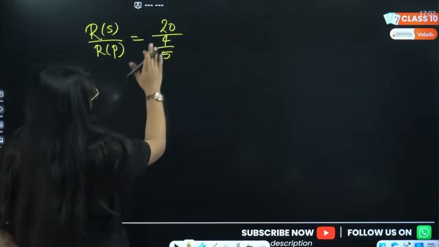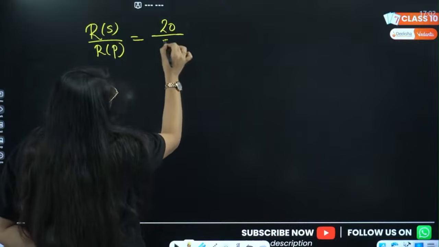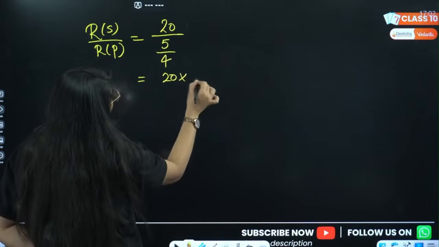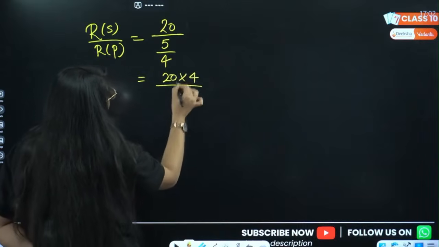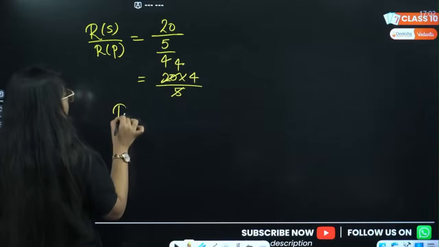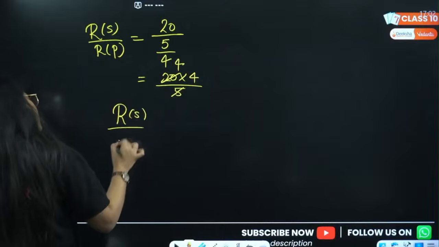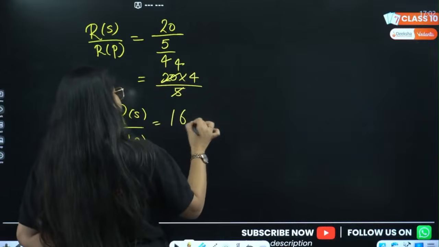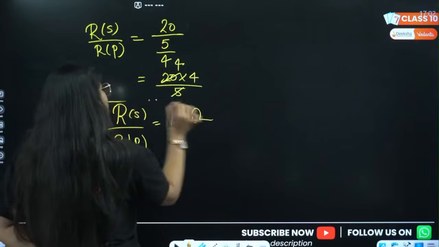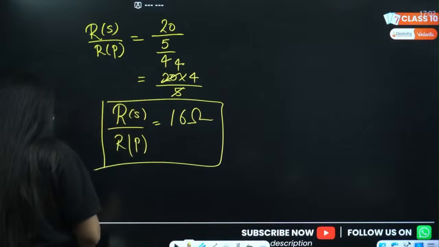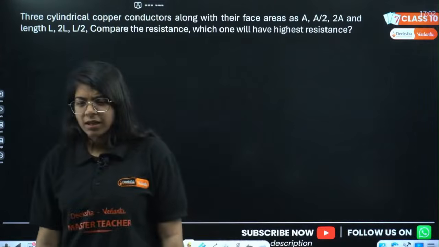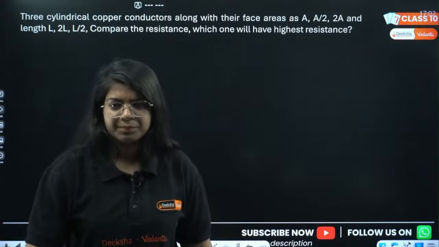It was 5 by 4. So it will be 20 into 4 divided by 5, which will be 16. So Rs divided by Rp is 16. Again, you guys are really smart. All of you are answering the correct option all the time.